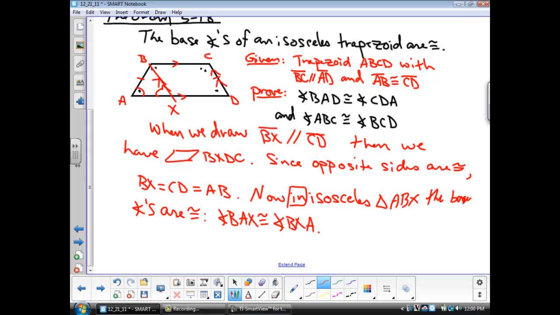Also, we have parallel lines with this parallelogram, and I know that corresponding angles are congruent. So angle D will be congruent to angle BXA, which means that it is also congruent to angle BAD.